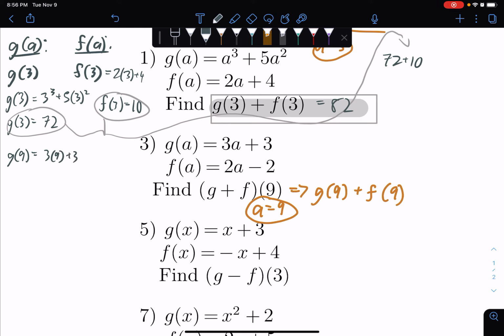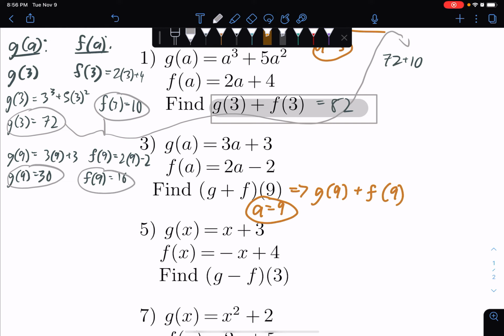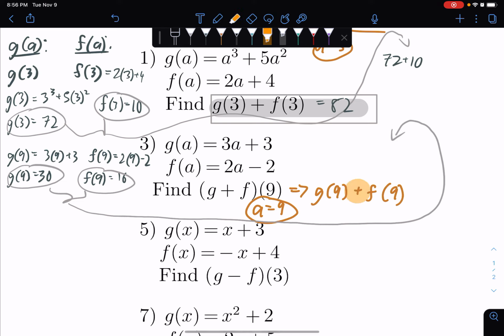We have 27, and plus 3, g of 9 is 30. Let's solve for f of a. In other words, f of 9, it's equivalent to 2 times 9 minus 2. So 2 times 9 is 18, and 18 minus 2 is 16, f of 9 is 16. And we combine that. The operation says addition. Therefore, 30 plus 16, our answer is 46.